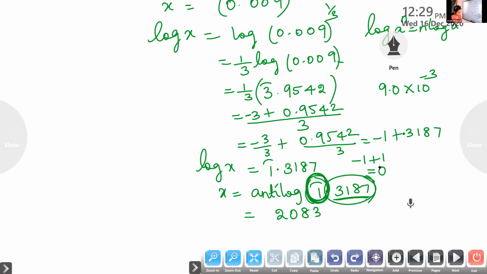Minus 1 plus 1 means it is 0. So that means no need to shift it. You just keep the decimal point here itself. No need to move the decimal to the front or back. So it is 0.2083.